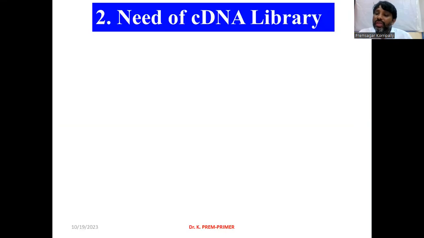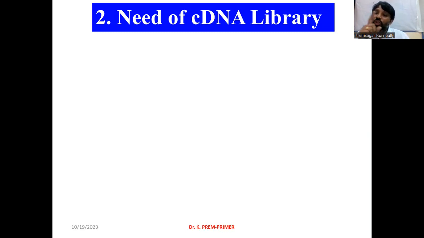Why do we have to construct the cDNA library? What is the need of cDNA library construction? Because a tissue or a cell or an organism expresses only a certain number of genes at any time. They don't express all the genes at a time. So each cell or tissue or organism has a unique population of mRNA molecules.